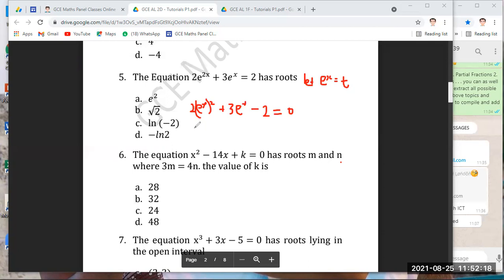But at this point, we have said let this t be equal to our e to the power x. So we'll have 2t squared plus 3t minus 2 equals 0. When you solve this quadratic, what will be the roots?